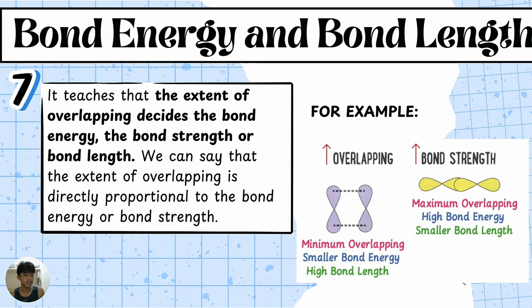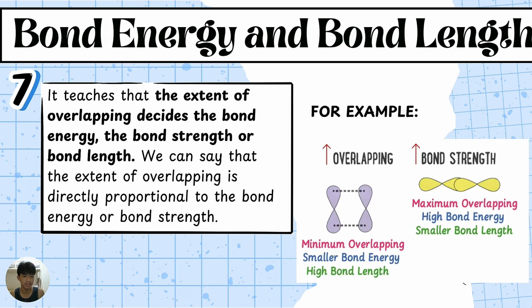If the extent of overlapping is high, then the bond strength or bond energy is also high, because it's directly proportional. They follow each other, because if one is low, the other is also low.